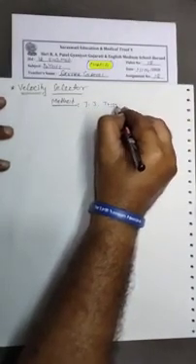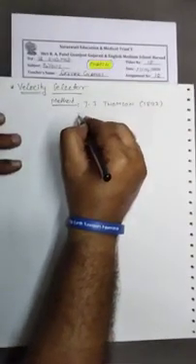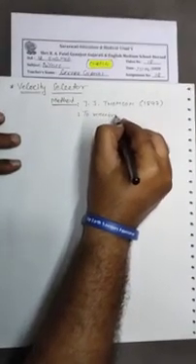In 1897, and this method is used to measure the gyromagnetic ratio. What is the gyromagnetic ratio?